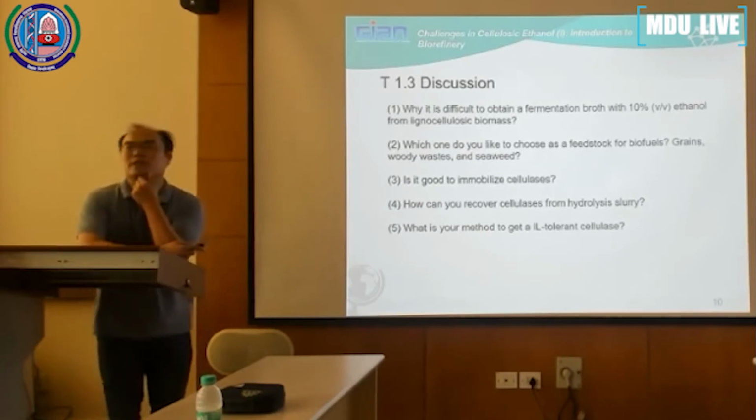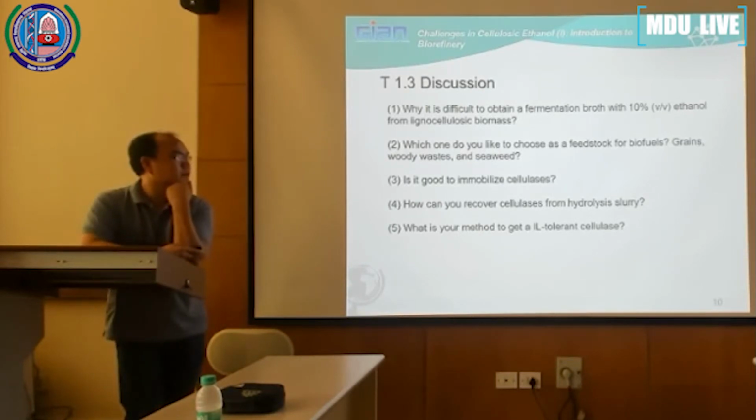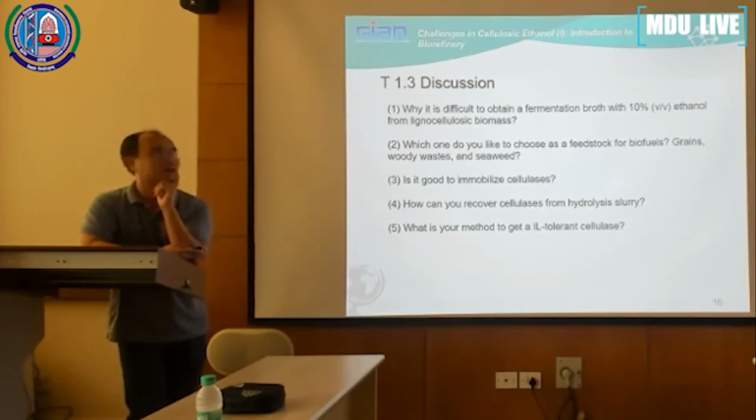So seaweed, I think this one is very good. It's easy to break down, not difficult. If I do not use enzyme, I use two chemicals. One chemical is sodium hydroxide, another chemical is phosphate.